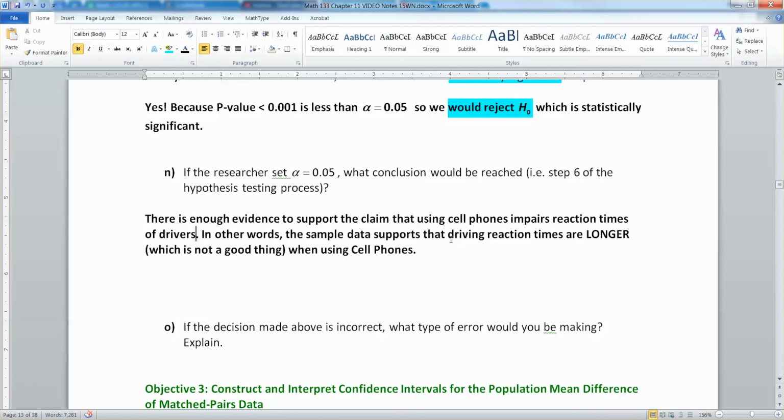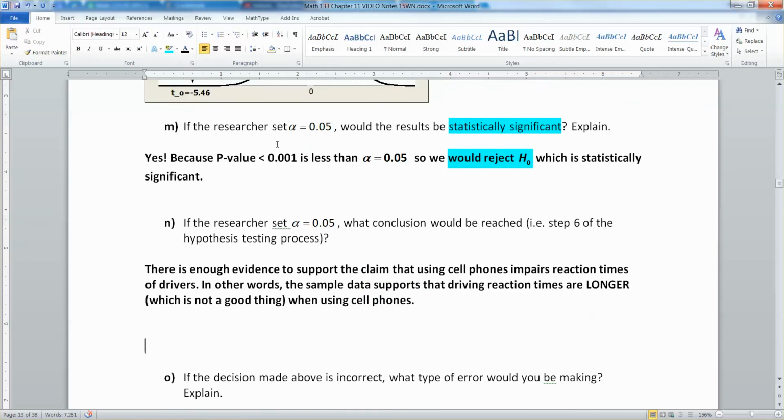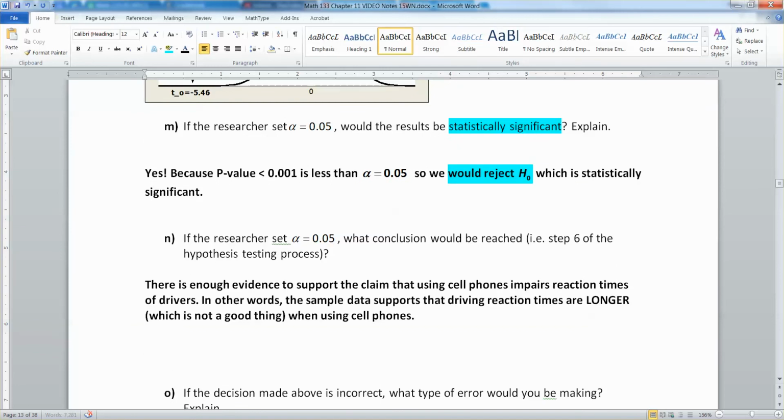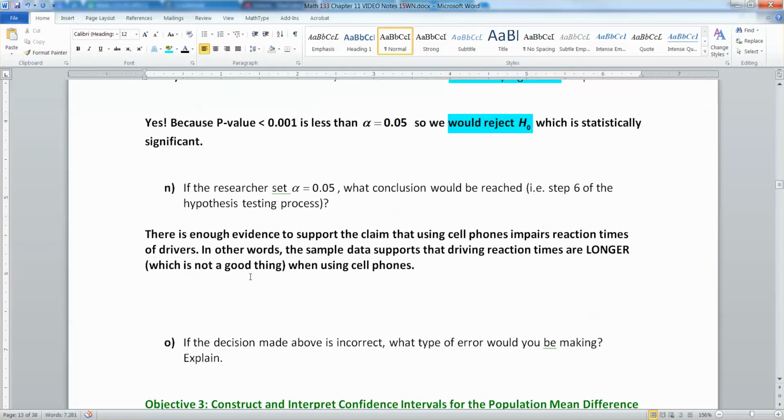So in other words, the sample data supports that driving reaction times are longer, which is not a good thing when using cell phones. I don't know why I capitalized cell phones there. So remember, as a driver, you want to be able to react to things quickly, right? You're driving a large piece of machinery, you want to be able to swerve if you need to swerve, things like that. So using a cell phone makes it so it takes you longer to get things done, and that's not a good thing.